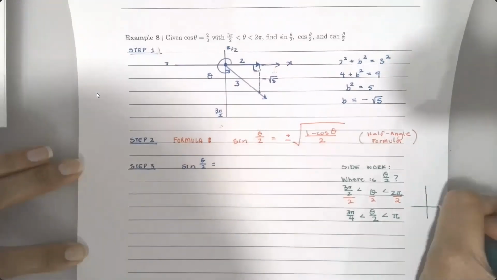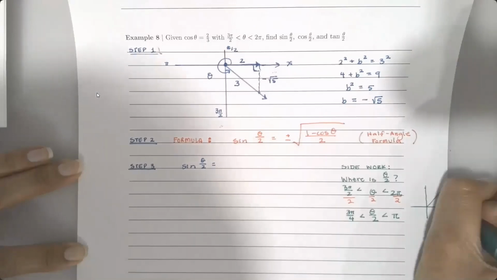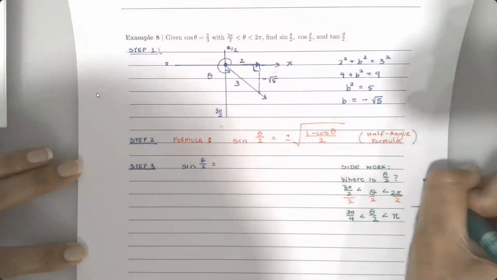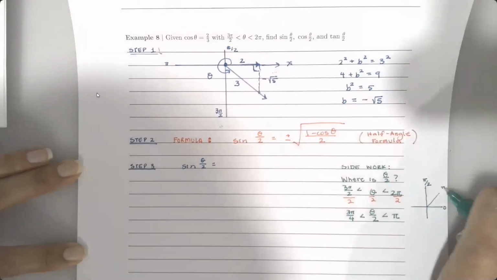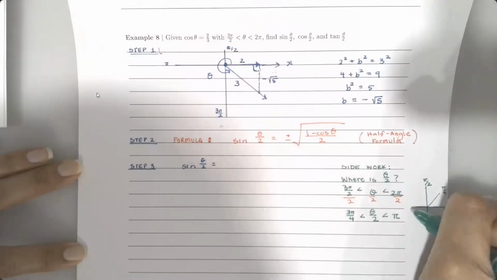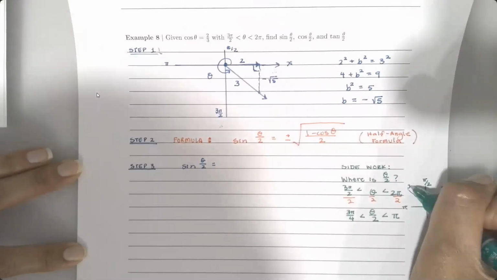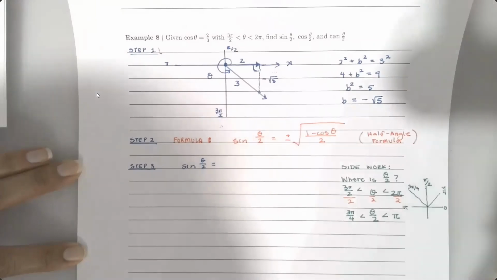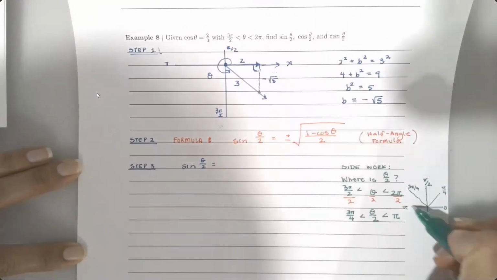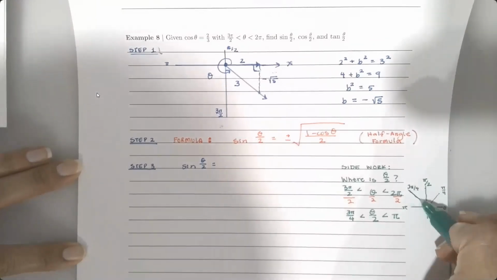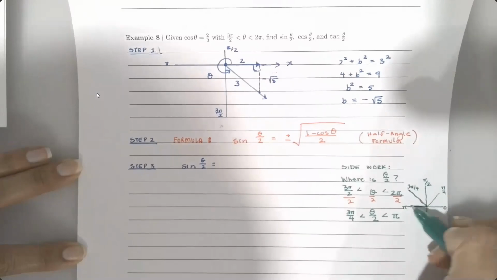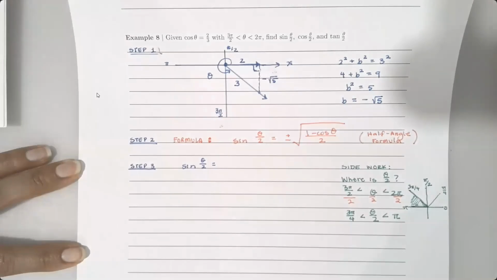So if it's between 3 pi over 4 and pi, we can draw that on the plane. This is 0. Let's say this is pi over 2. Halfway would be pi over 4. And then this is pi. Halfway would be 3 pi over 4. So we're saying the angle theta over 2 is found somewhere between 3 pi over 4 and pi, somewhere in this region. Which quadrant is that region in?